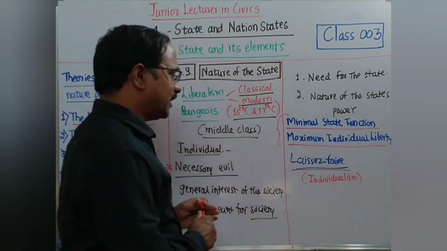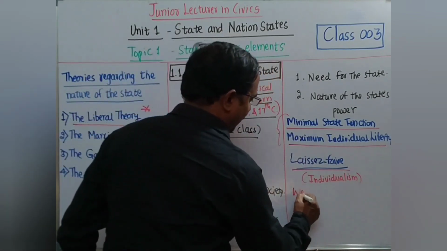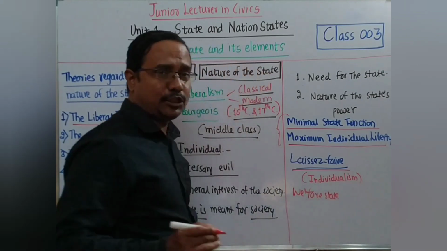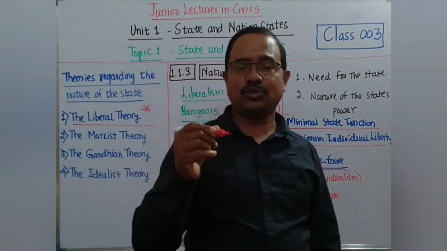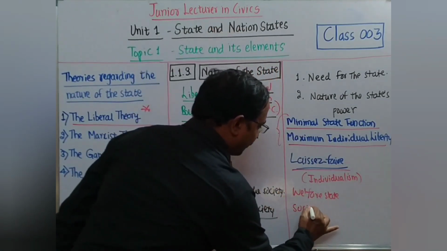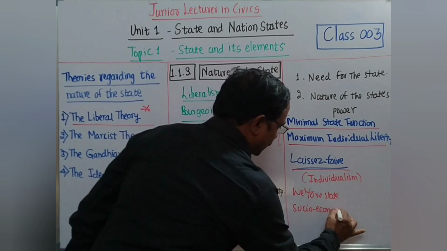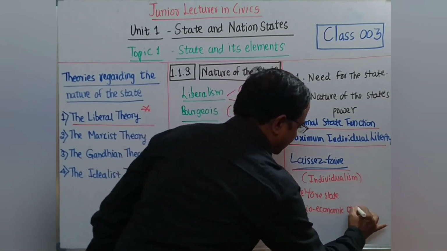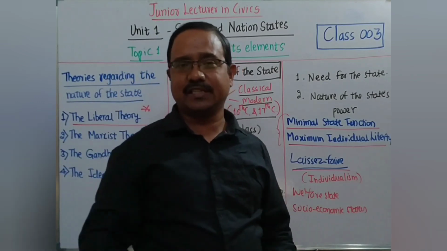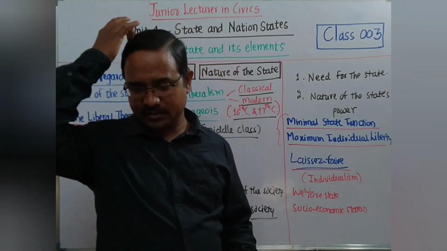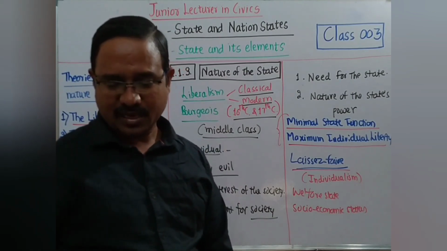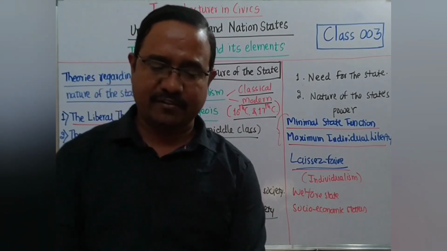But state should function as a welfare state, and it should improve the socio-economic status of the masses. So they have reformed their theory. So they are also called reformist liberalism or revisionists or theory of welfare.